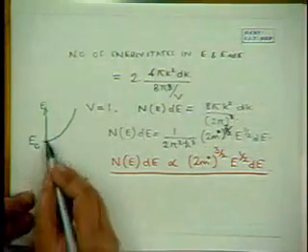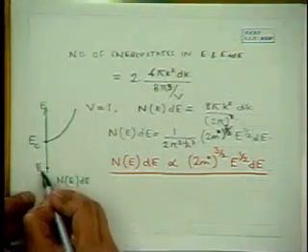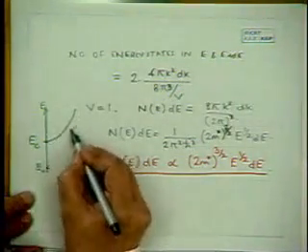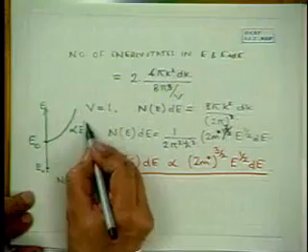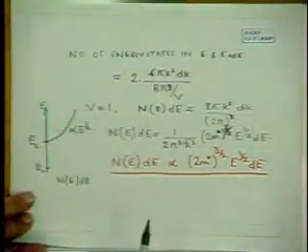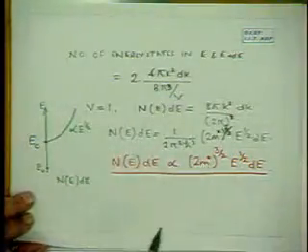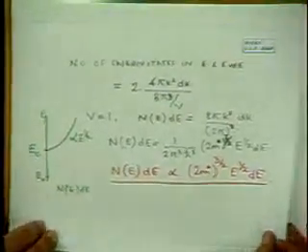The density of states is 0 in the band gap, and then it increases as E to the power half. And this is of fundamental importance in these calculations of density of states.